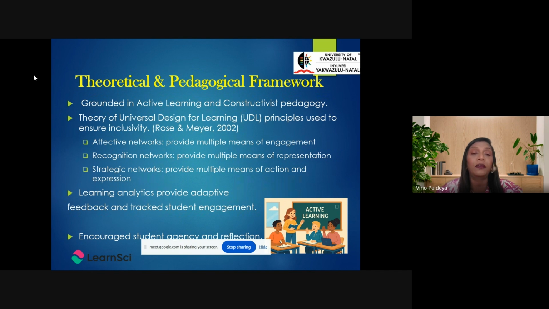And so this allows learners of different abilities to engage differently with the resources being provided for them. And then the learning analytics provide adaptive feedback and track student engagement, which is part of the pedagogical framework of the study. And it also encourages student agency and reflection.